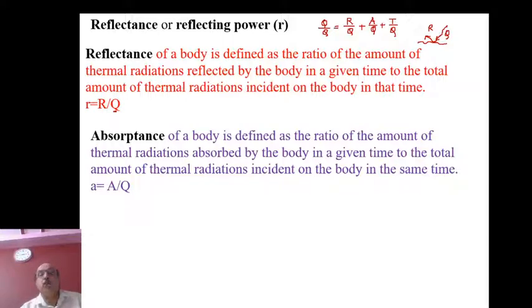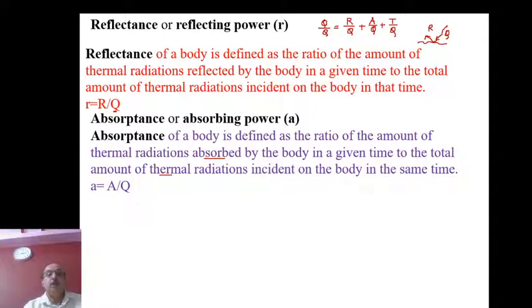It is the ratio of the amount of thermal radiation absorbed by the body in a given time to the total amount of thermal radiation, that is A by Q, and it is represented by a small a, and it is called absorptance or absorbing power of the body.